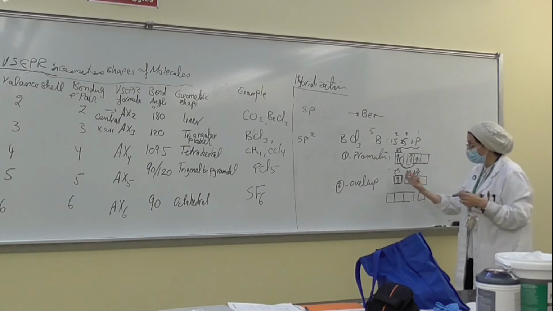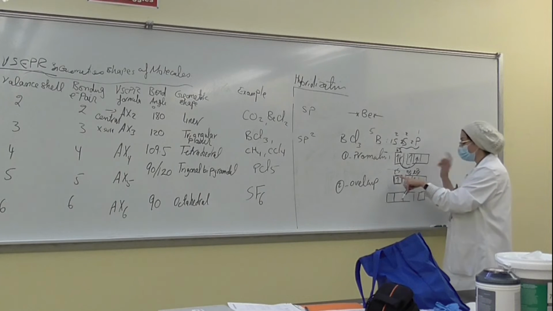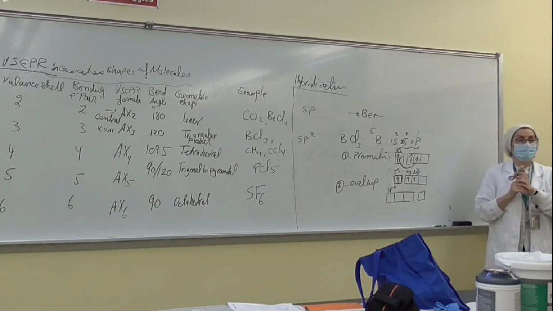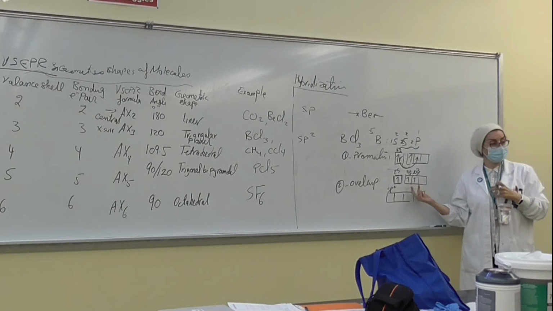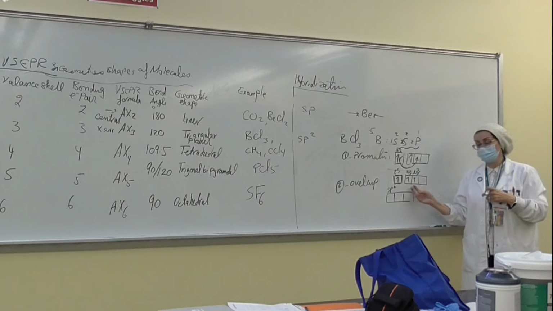Now, when I overlap those, it's no longer 2s, no longer 2p. We have sp2 now. Where is the 2 coming from? From the 2 p's that we're going to use, exactly. So we pulled 1 orbital from s, 2 orbitals from p.